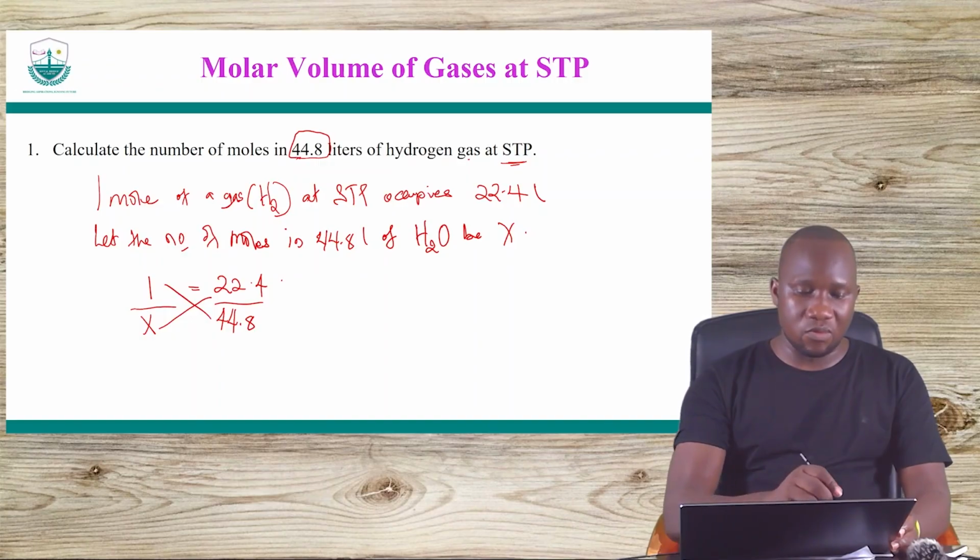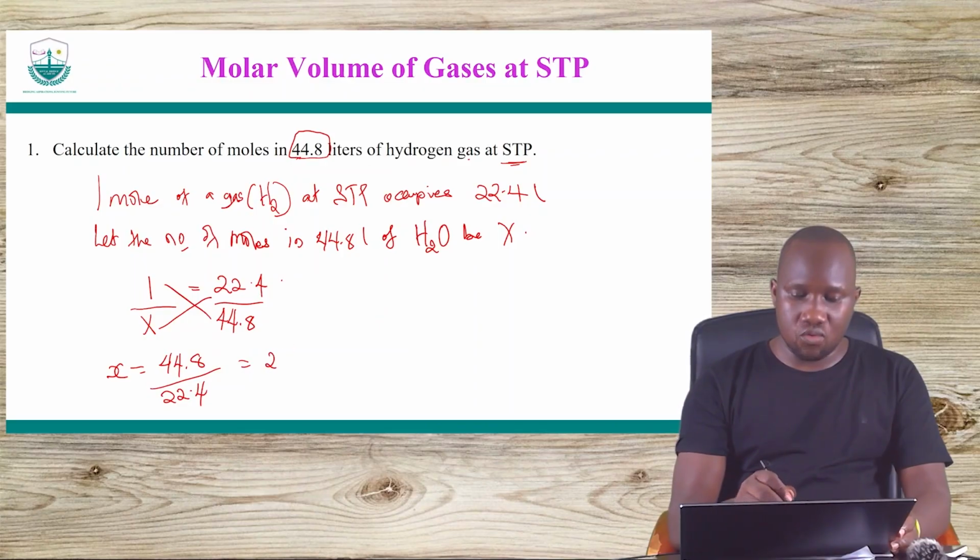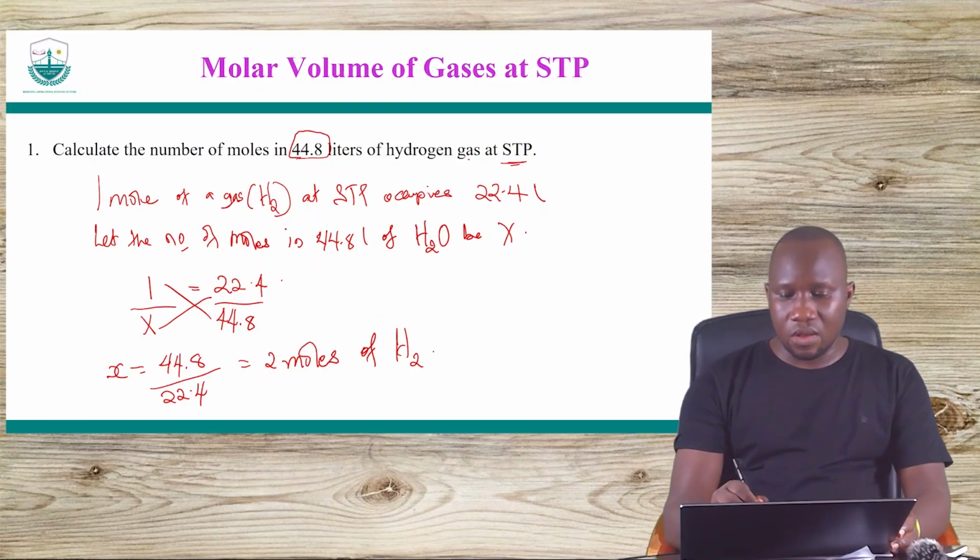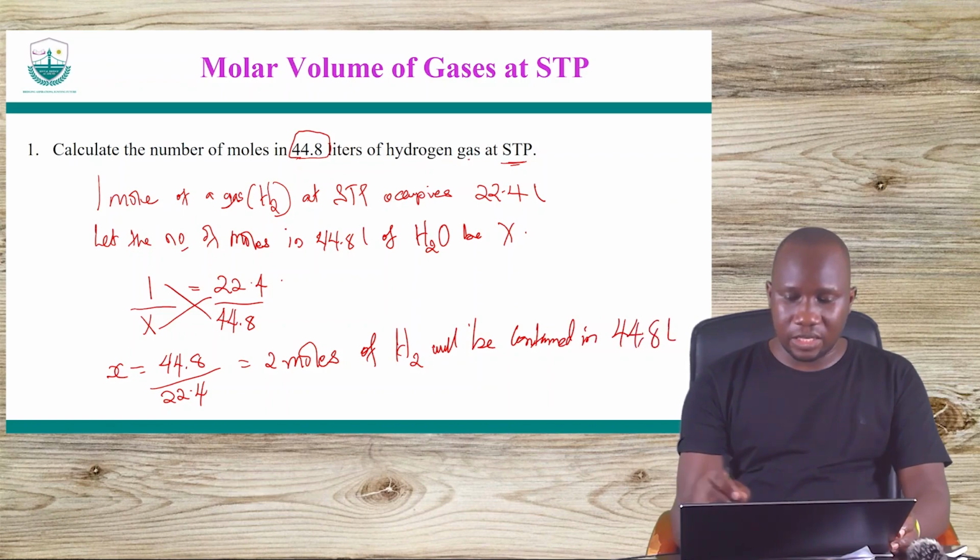What will it be? Of course, cross multiply, and X will definitely be 44.8 divided by 22.4, and definitely you can see that we get 2 moles of hydrogen will be contained in 44.8 liters.